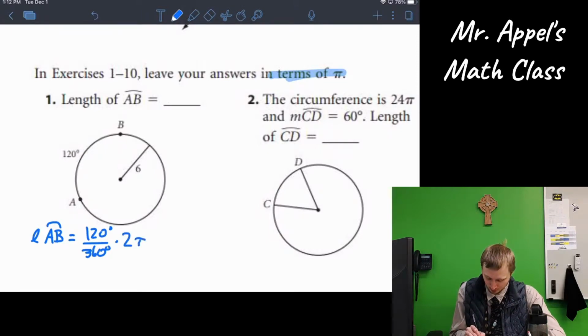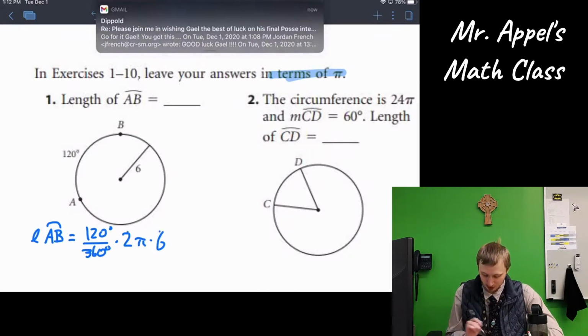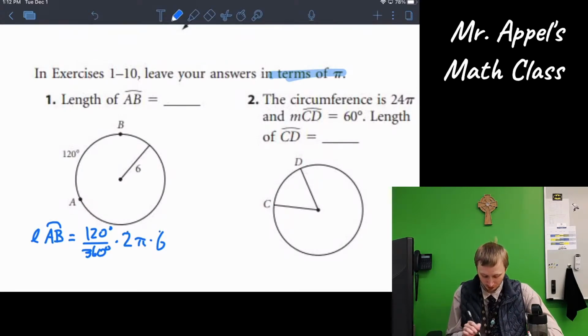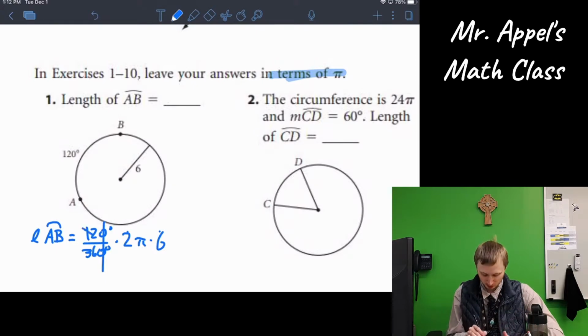So 2 times pi times our radius right here, which is 6. If you leave the pi, 2 times 6 is 12. 120 over 360, cross out the zeros, 12 out of 36. 36 is 3 times 12, so we have 1/3 times 12, which is 4, so you just get 4 pi.